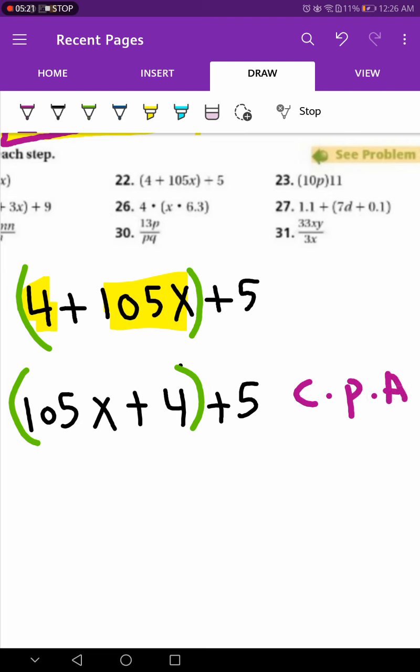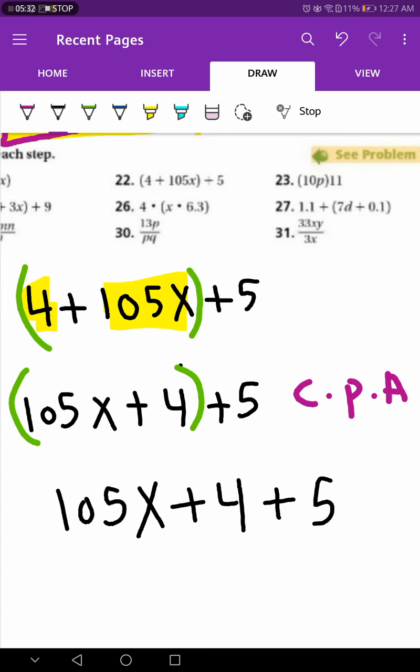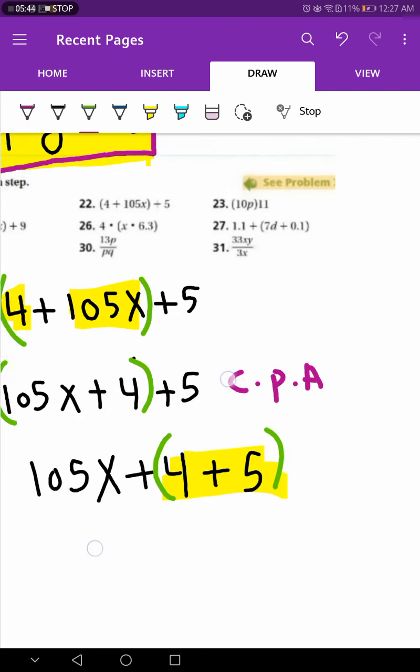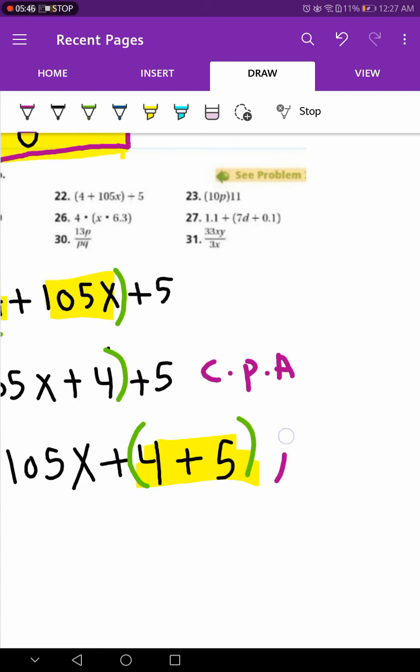Yes. Now I write it again. Now I will move the parentheses. It was holding this, but I needed to hold those. So move the parentheses, we call it associative property of addition. Then simplify.